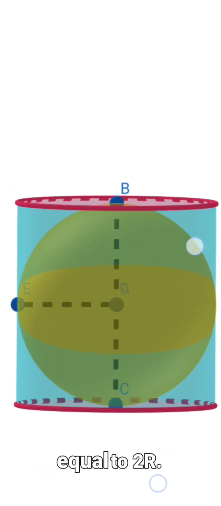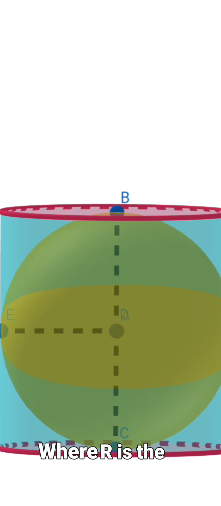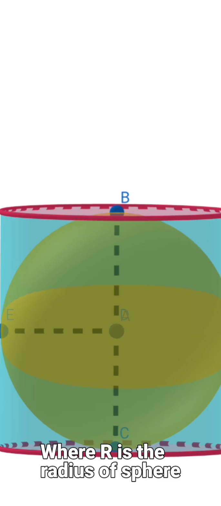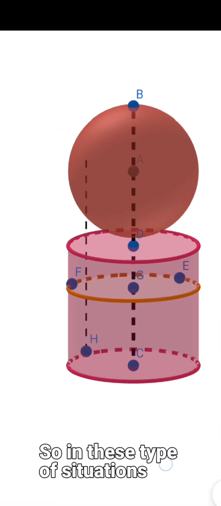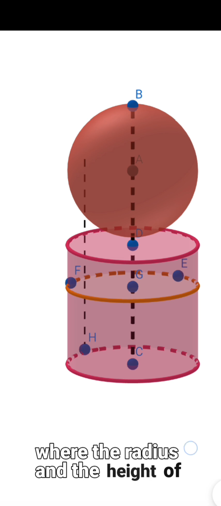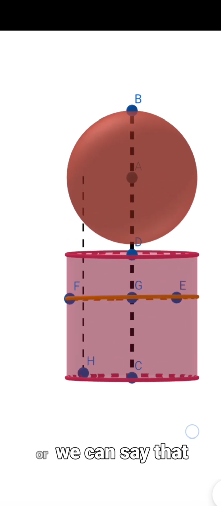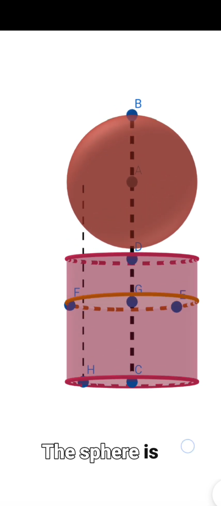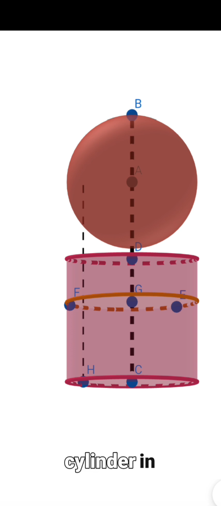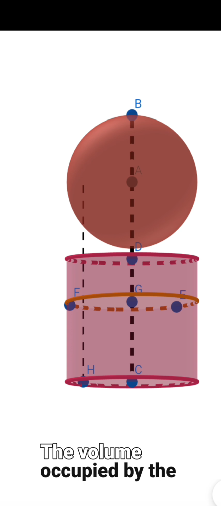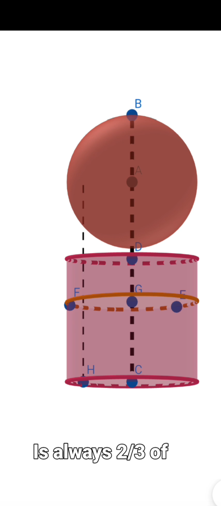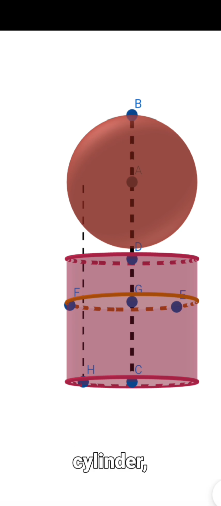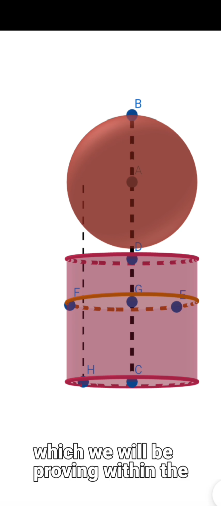So h would be equal to 2r, where r is the radius of the sphere or the cylinder. So in these types of situations where the radius and the height of the cylinder are the same, or we can say that the sphere is inscribed in the cylinder, in that case the volume occupied by the sphere within the cylinder is always 2/3 of the volume of the cylinder, which we will be proving within the video.